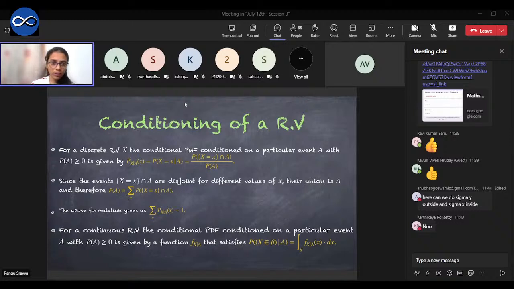Conditioning of a random variable. Is it clear till here?